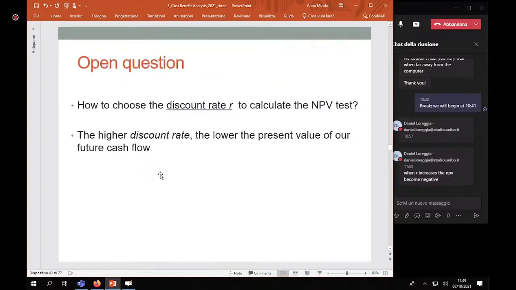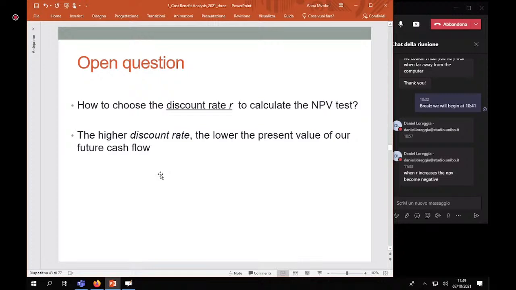Okay, now we have to answer the most important open question, but tomorrow we will speak about this open question. The open question is now how to choose the discount rate R to calculate the net present value test, because we have seen that when we change the discount rate, we can find a positive net present value or a negative net present value.